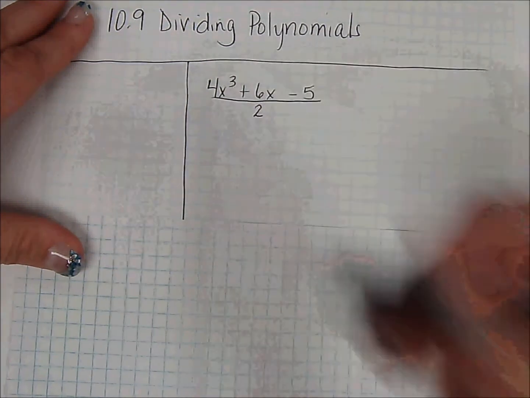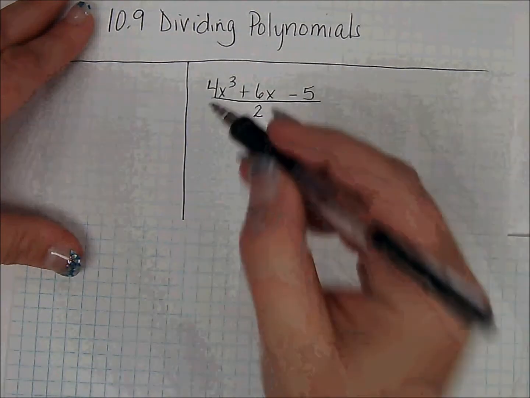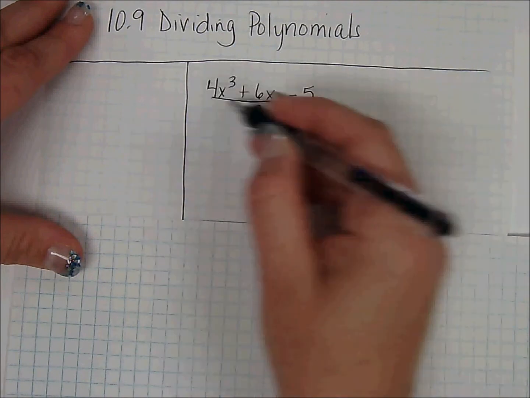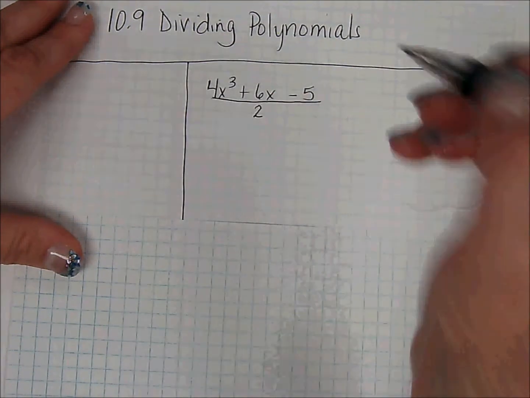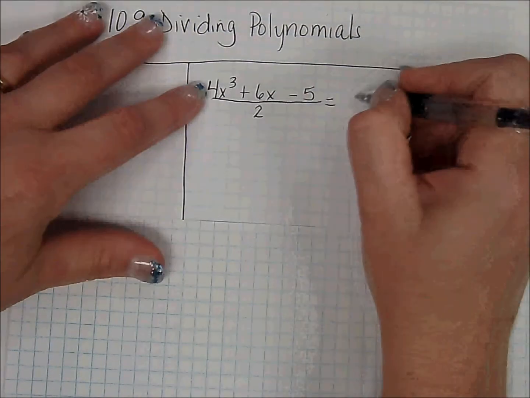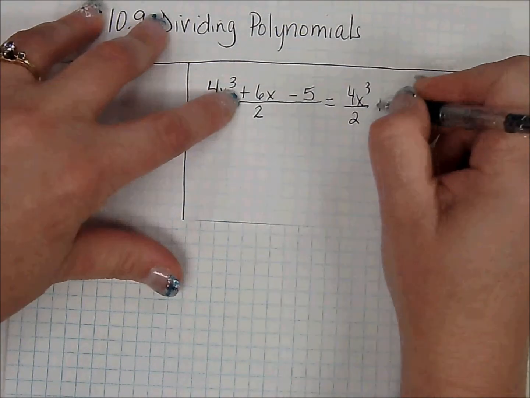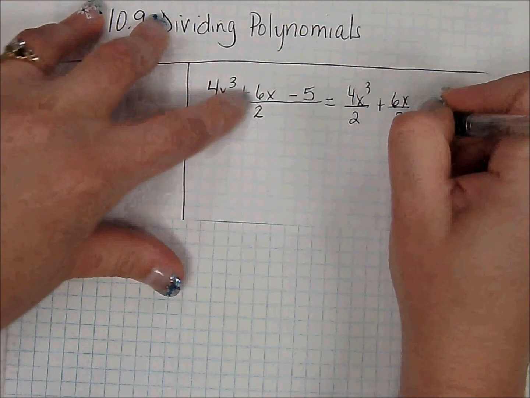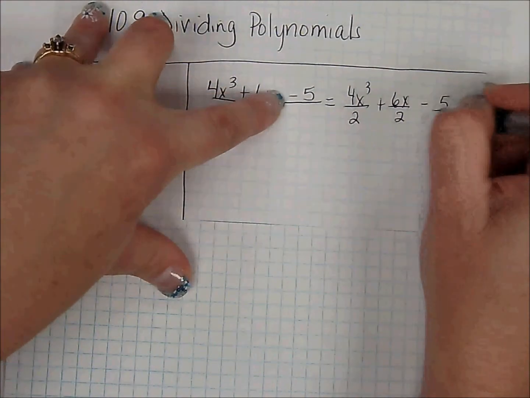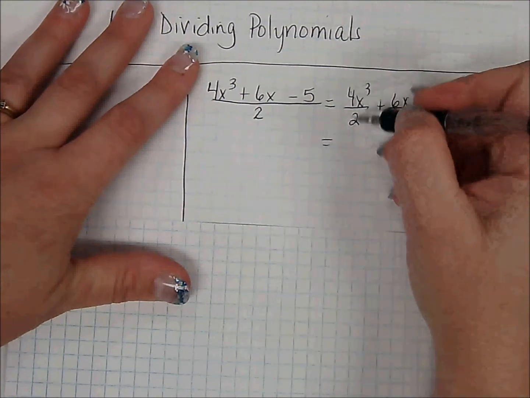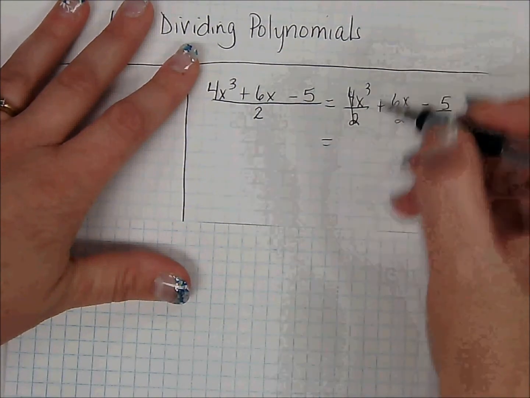We can try it, but it's not going very far because of this x cubed. So here's what you do. When you have the division, and this is a division problem, the top divided by 2, you can break it up. So it is 4x to the third divided by 2 plus 6x divided by 2 minus 5 divided by 2. Now, 4 divided by 2 gives me 2x to the third.